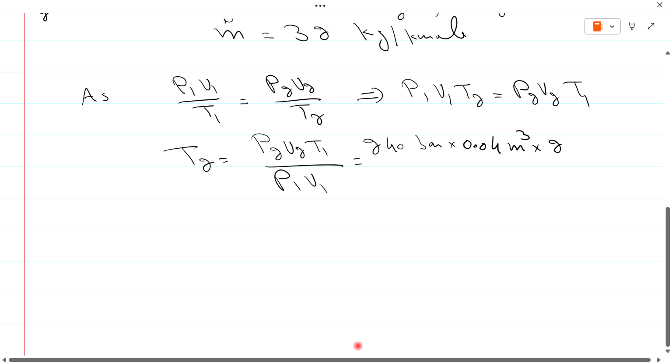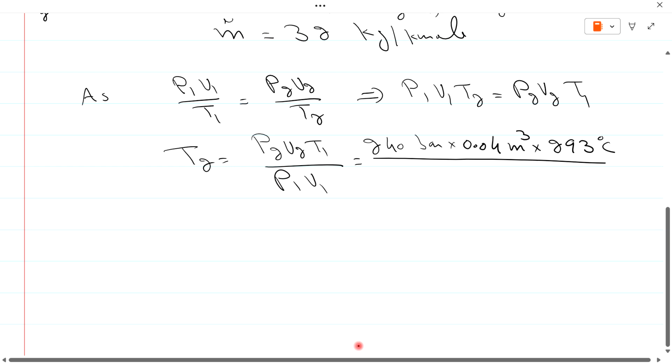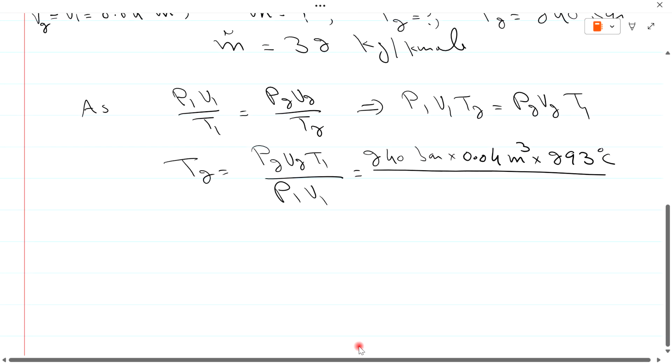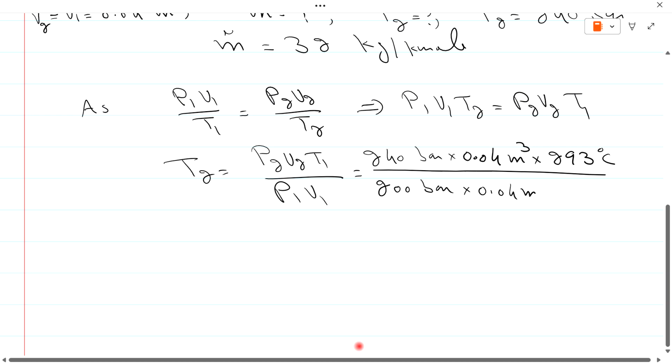T1 is 293 Kelvin, divided by P1. The value of P1 is given as 200 bar, and the value of V1 is constant, 0.04 cubic meter.